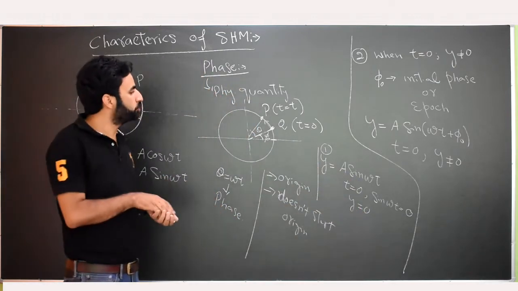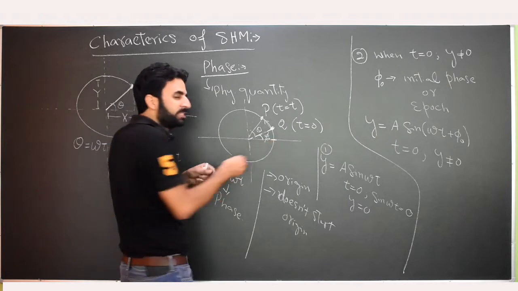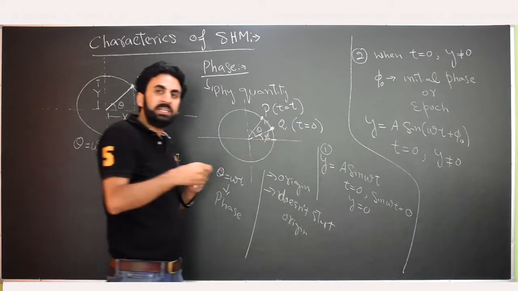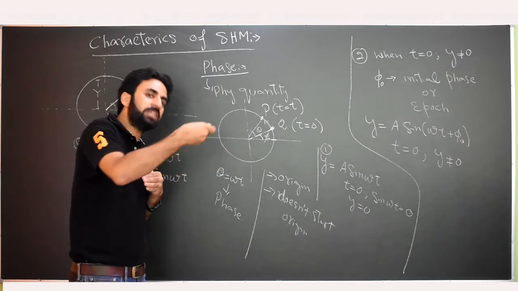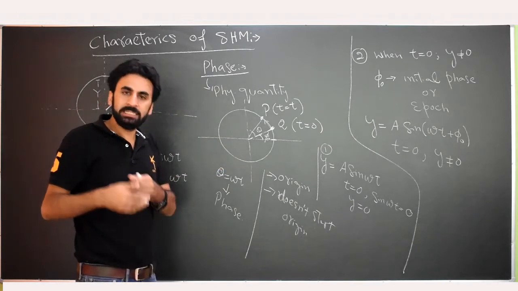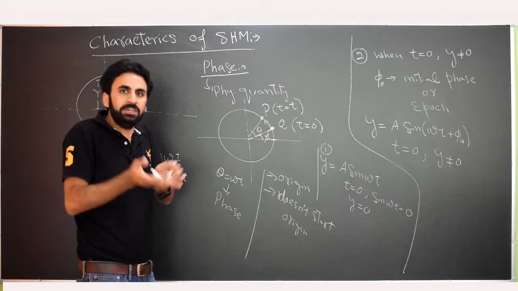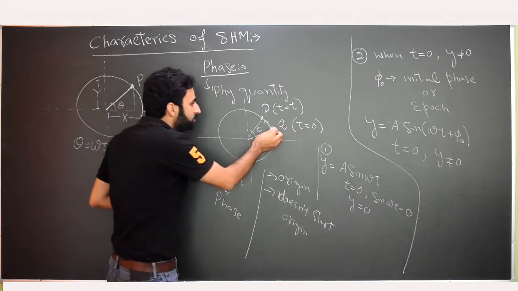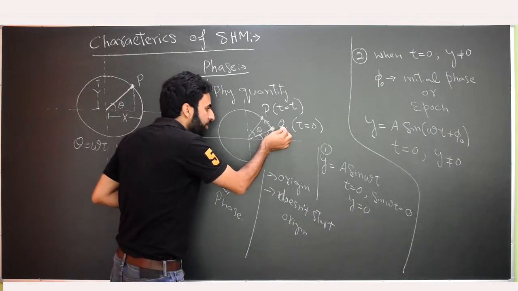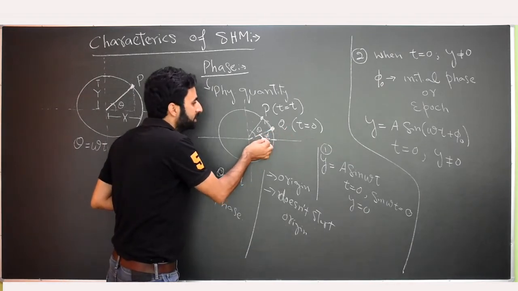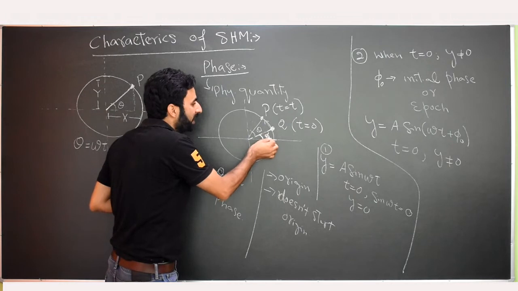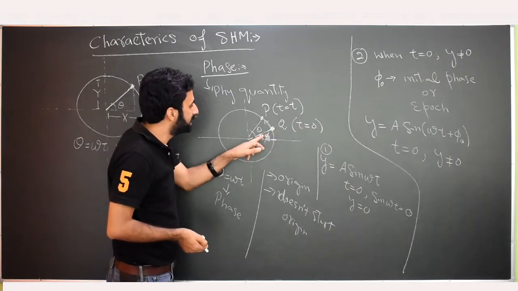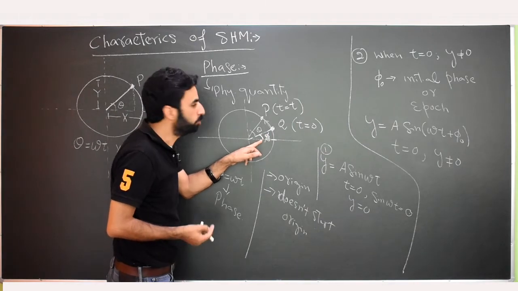And there can be situations where, when you have started analyzing the process, meaning when t is equal to 0, the particle has already covered some displacement, meaning there is initially some phase even when time has started. So here, when you have started the process from here, the particle has already covered this much of angle. In those circumstances, even when t is equal to 0, the displacement of the particle will not be equal to 0.